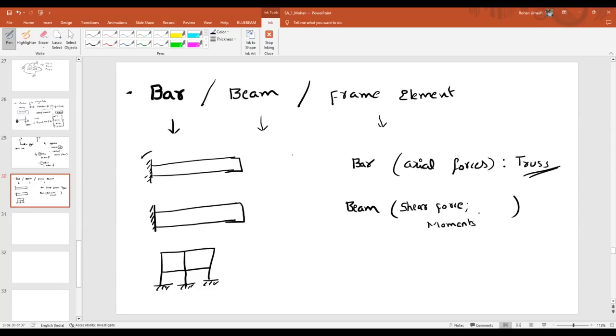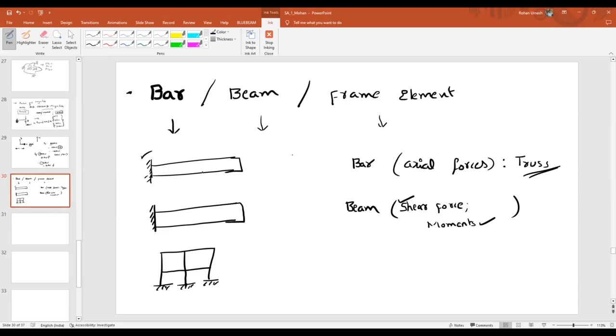Axially rigid means you don't have any elongation. They just move as a rigid body along the axial direction of the beam. I will tell you why I'm saying most of the cases in the coming sessions. But in most of the cases, a beam will resist the shear forces and moments.